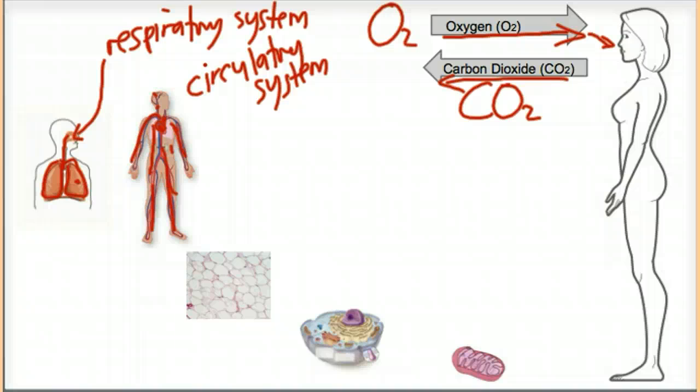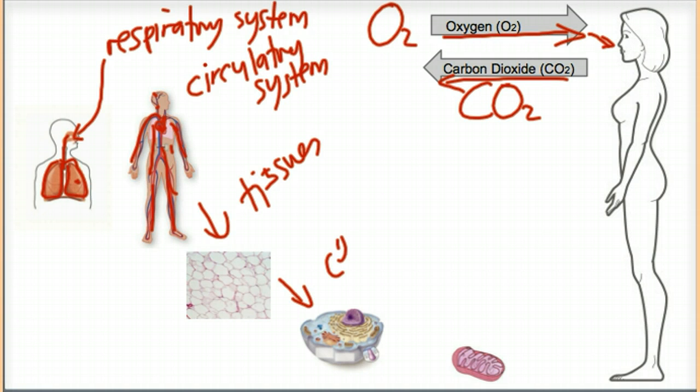So from our system and our organs, it moves down to our tissues. From our tissues, because our tissues are made up of groups of cells, it goes to our cells. And the final destination is an organelle called the mitochondria.